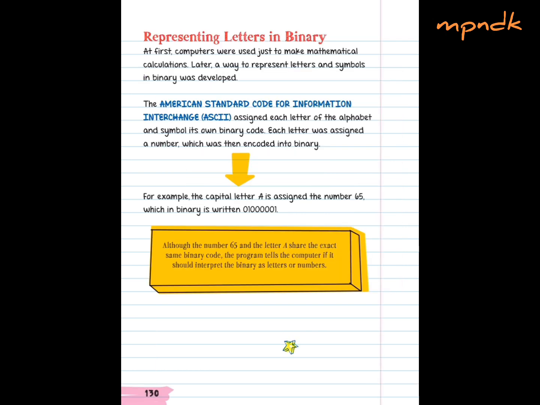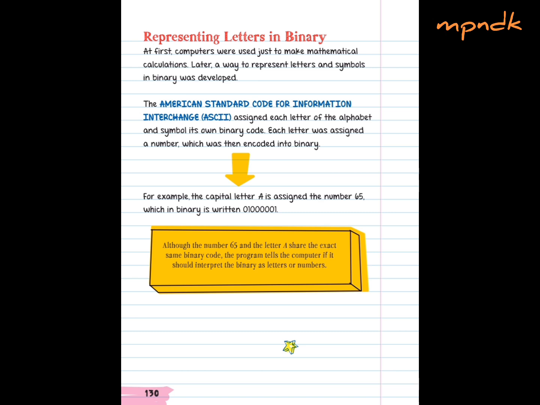Representing letters in binary. At first, computers were used just to make mathematical calculations. Later, a way to represent letters and symbols in binary was developed. The American Standard Code for Information Interchange (ASCII) assigned each letter of the alphabet and symbol its own binary code. Each letter was assigned a number, which was then encoded into binary.